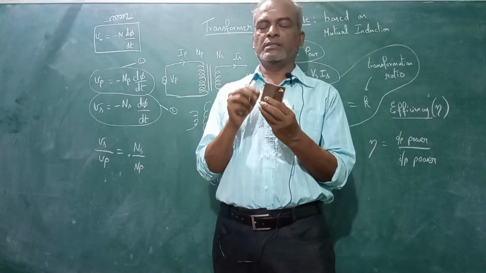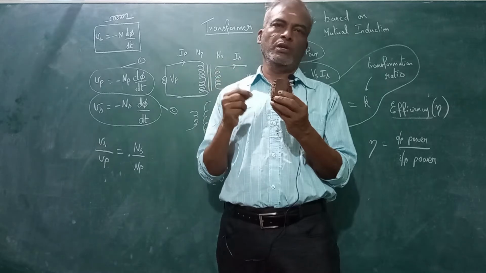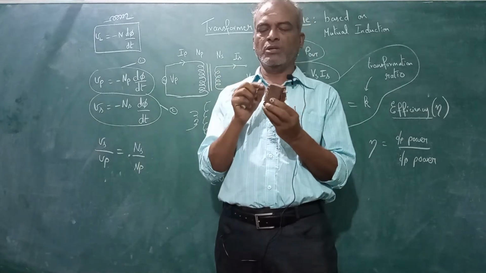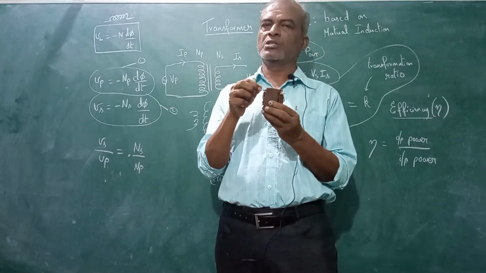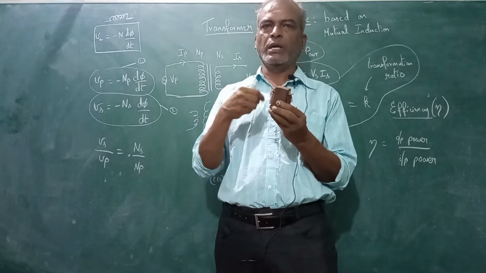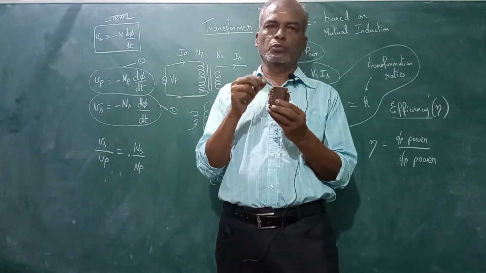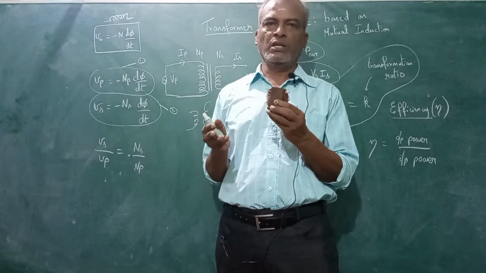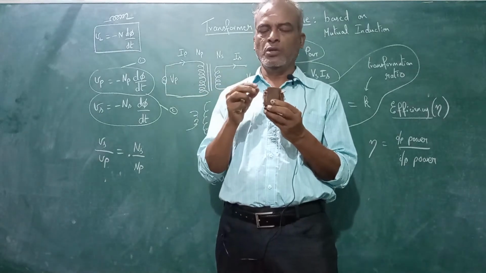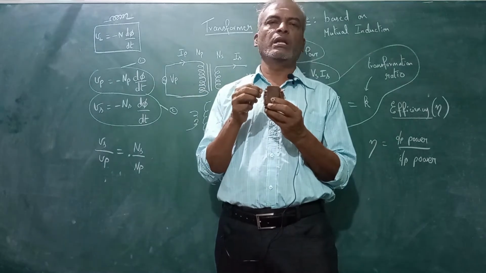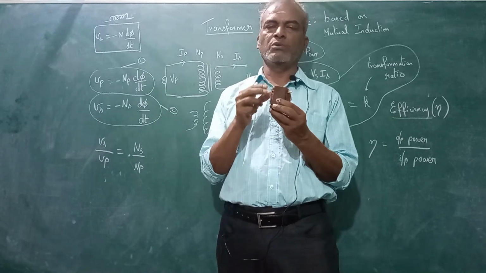For primary and secondary, the copper we are using is an enameled copper wire. Enameled copper means there will be a coating which is insulating. That means even after winding, two conductors are isolated, so there won't be any shorts. So we must use a good quality enameled copper wire. Otherwise, what will happen?